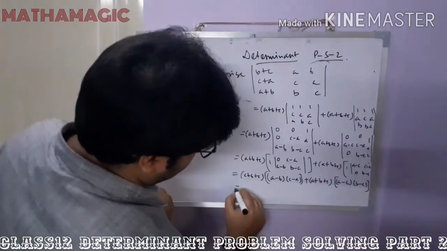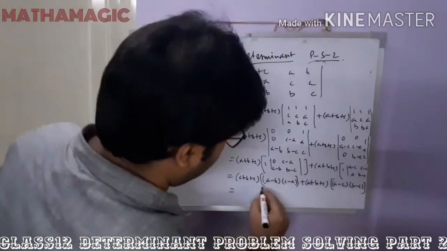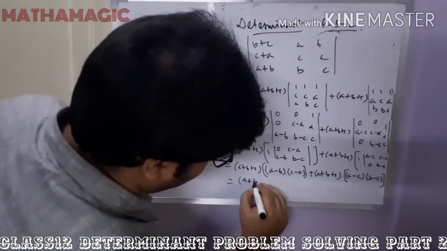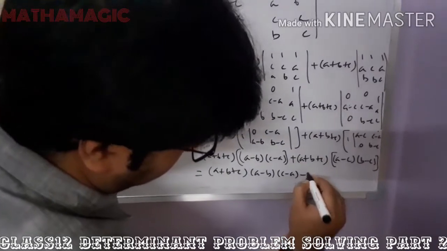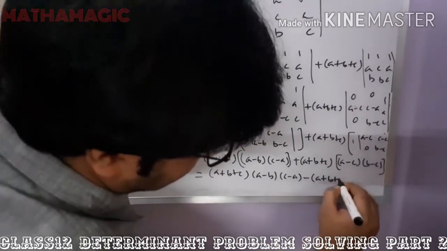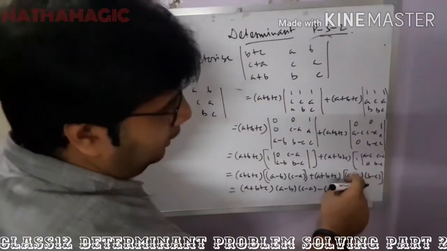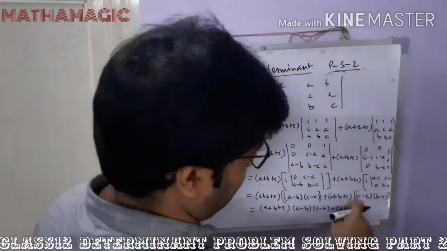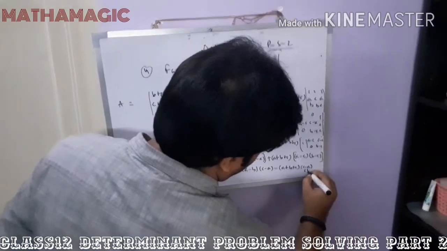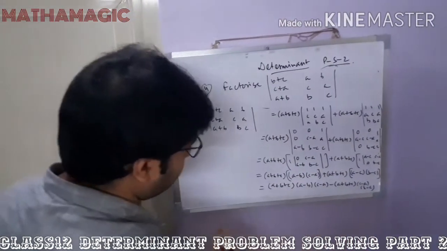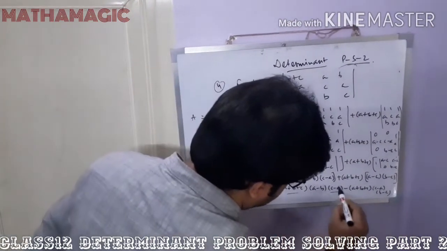Okay, now just see that we can write this one as a plus b plus c into a minus b into c minus a minus a plus b plus c. We are just taking this minus common from this a minus c, so it will become c minus a into b minus c. Now observe these two terms, these are the common terms, a plus b plus c and c minus a.